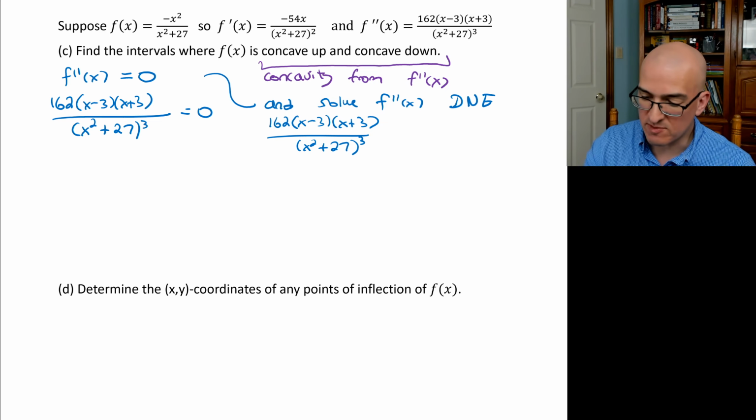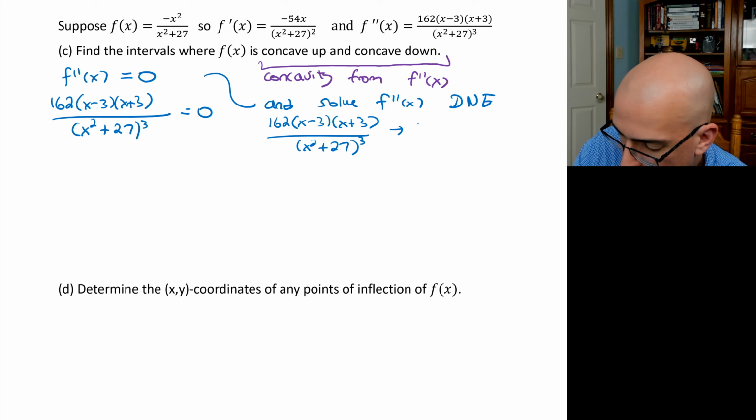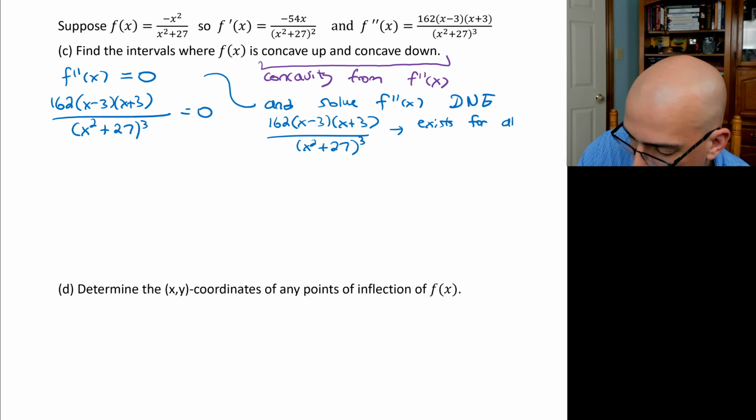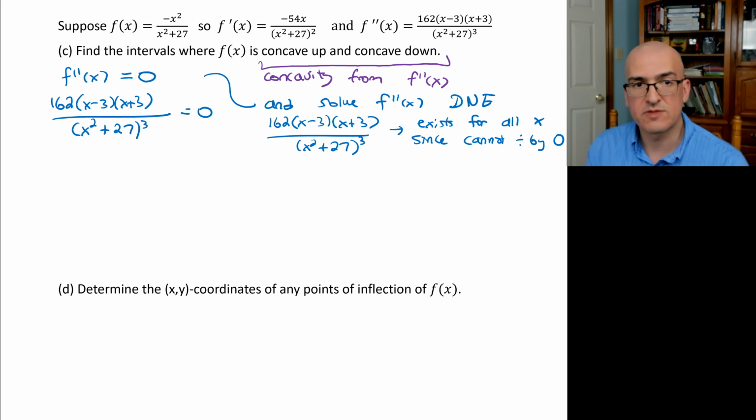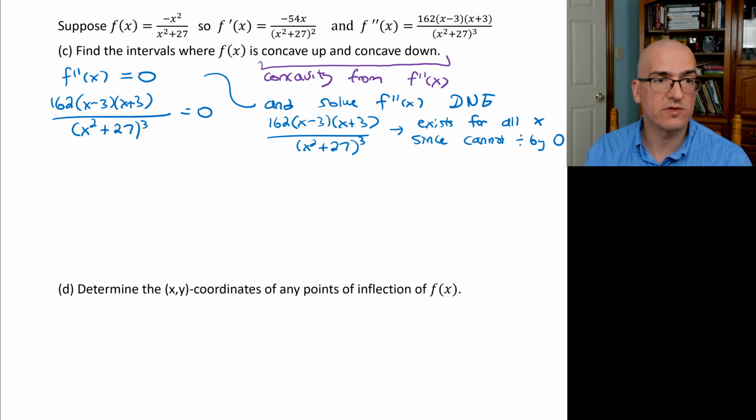We can't get 0 on the bottom. It's not possible to get 0 on the bottom, so there's no solution, there's no x-coordinate where it could switch concavity that comes from that part. You have to go to the first part, though, setting the second derivative to 0.